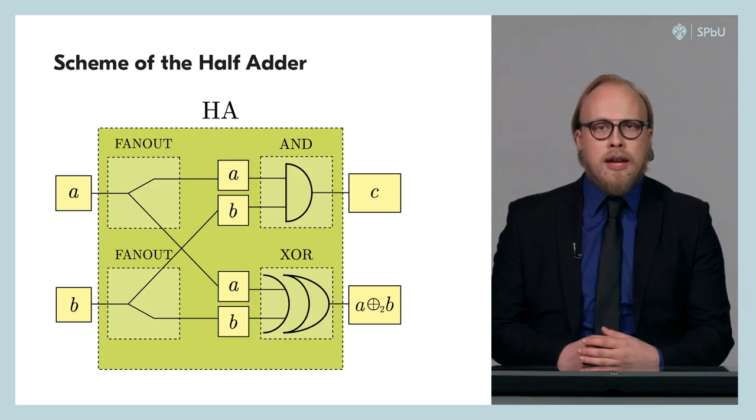For example, if both the A and B bits are equal to 1, then the result of their addition is 2, which in the binary number system is written as 1, 0, and it's already a 2-digit number. The first bit corresponding to the 0 digit, in this case, will be equal to 0, and the carry bit corresponding to the first digit will be equal to 1.